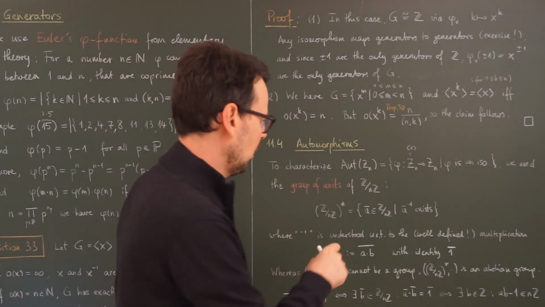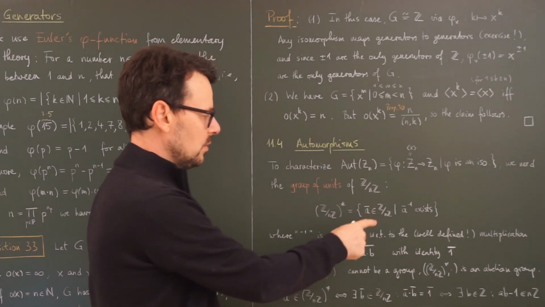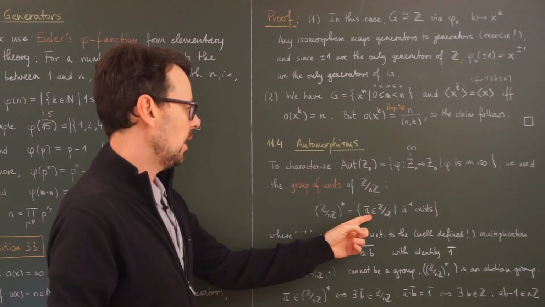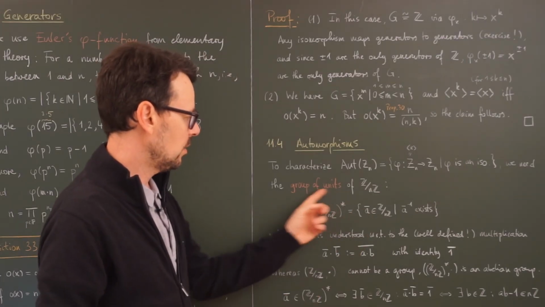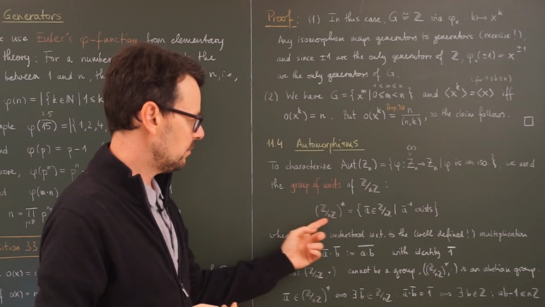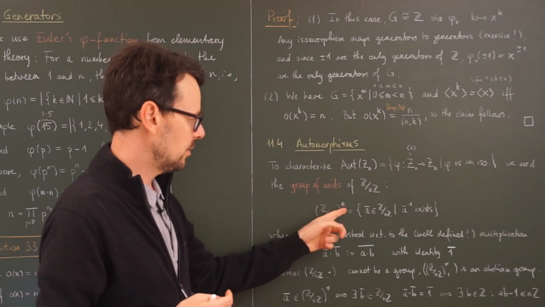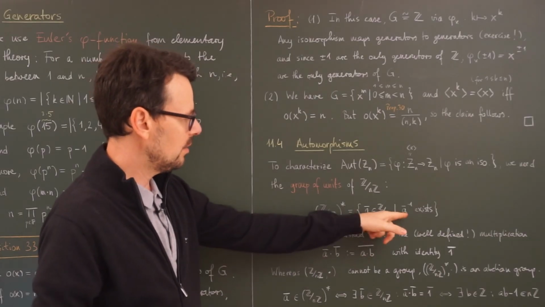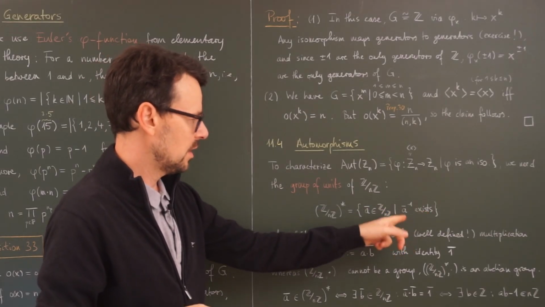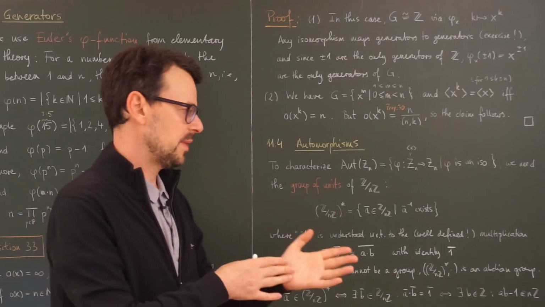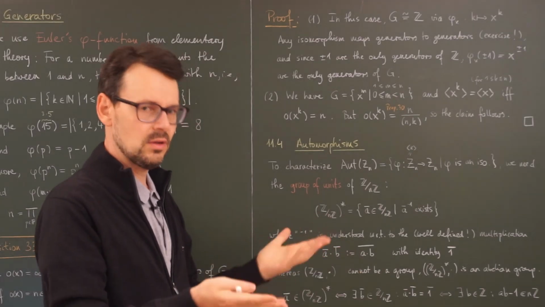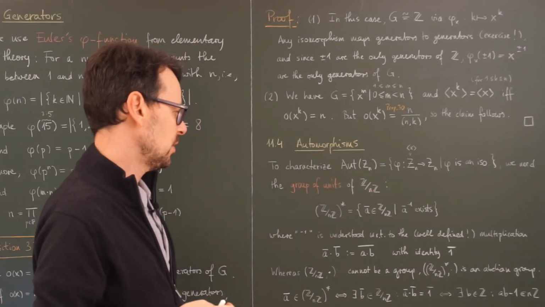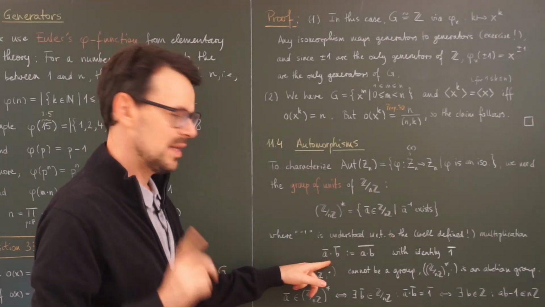So I take a residue class, a bar, mod n, and I call an element a unit of this ring, denoted by this with a star, if its inverse exists, but not the inverse with respect to addition. Clearly this always exists because this is a group with respect to addition, but with respect to multiplication.